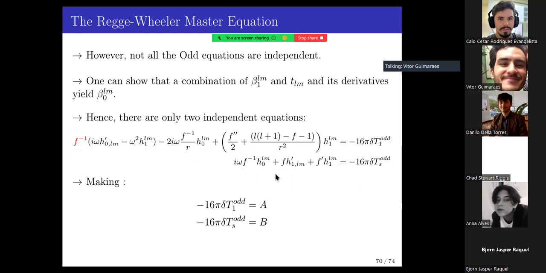And this one equation, after we treat it a little bit and rename some functions, is going to yield what we call the master equation. In the case of the odd metric perturbation, what we call the Regge-Wheeler master equation.